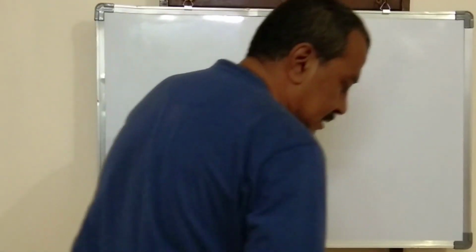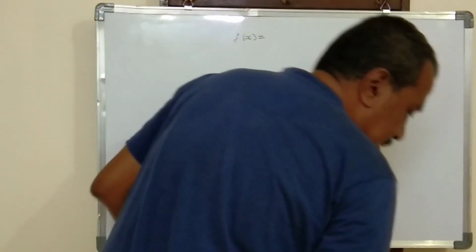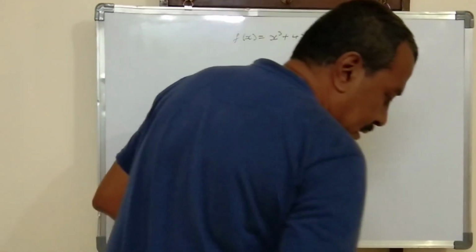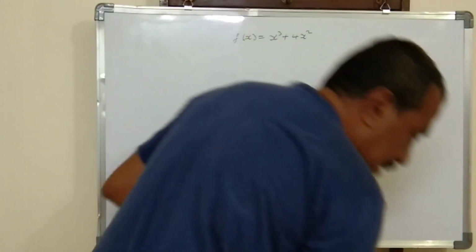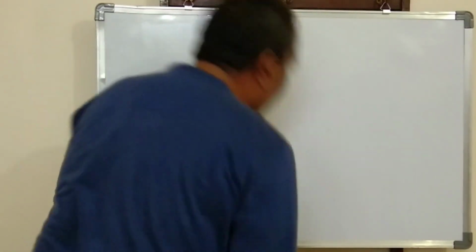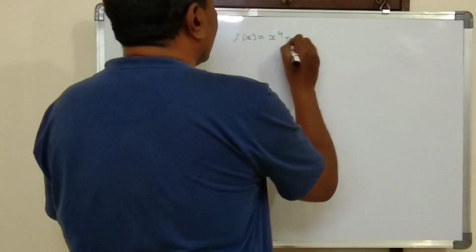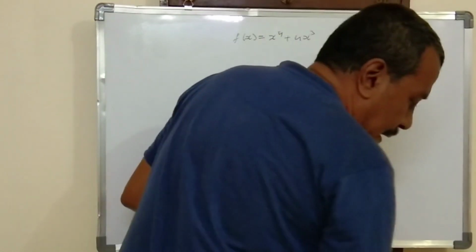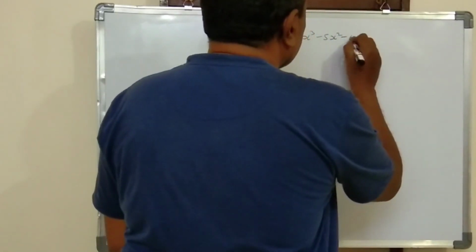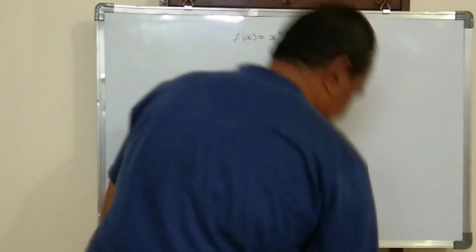For instance, you take a polynomial f(x) is equal to x cube plus 4x square minus x power 4 plus 4x cube minus 5x square minus 6x plus 7 plus 6, sorry, it will take a 6. Okay.